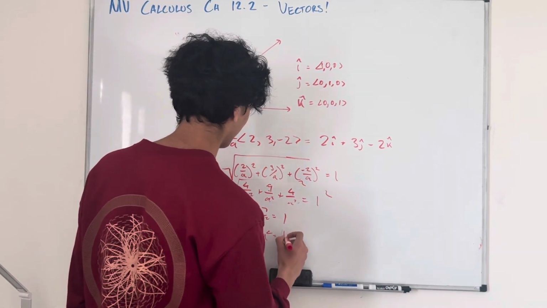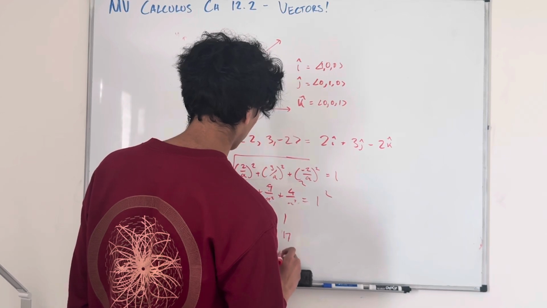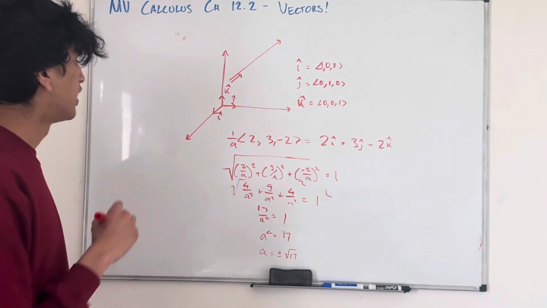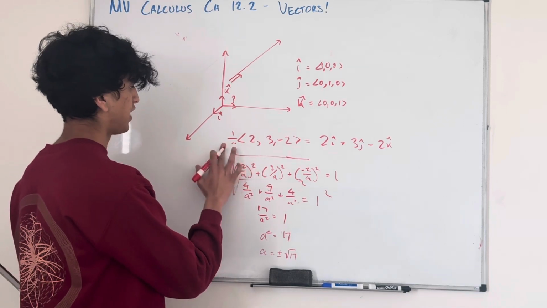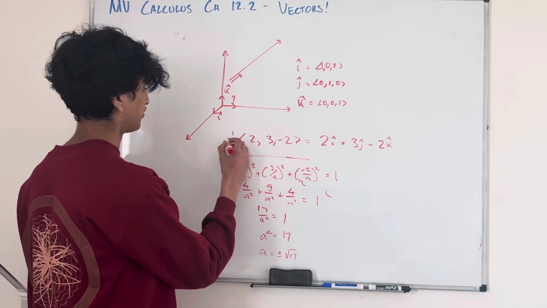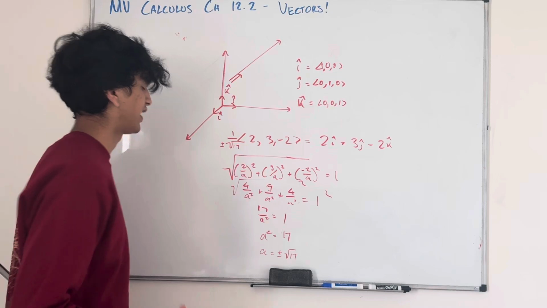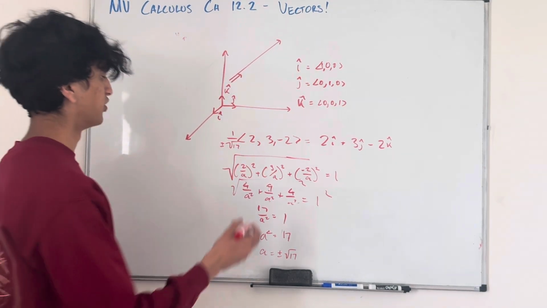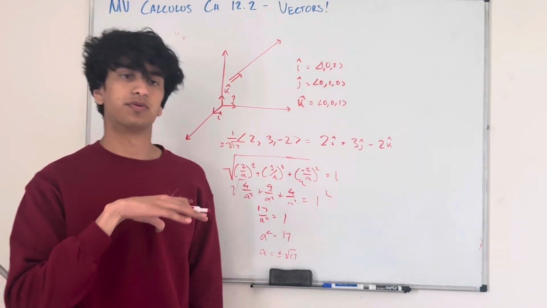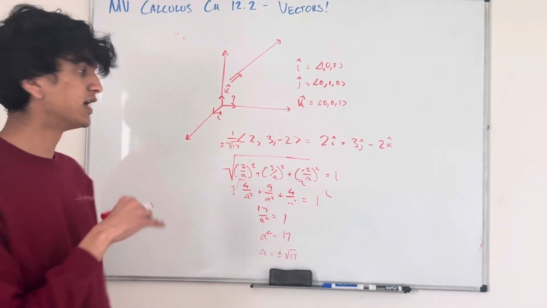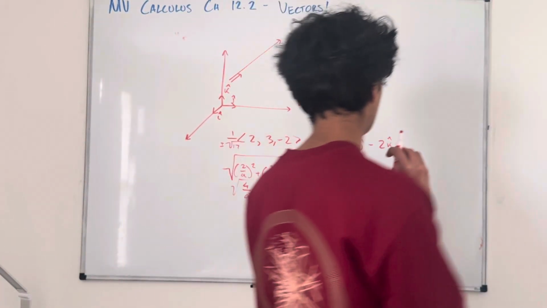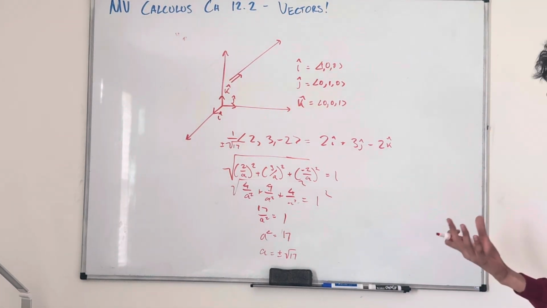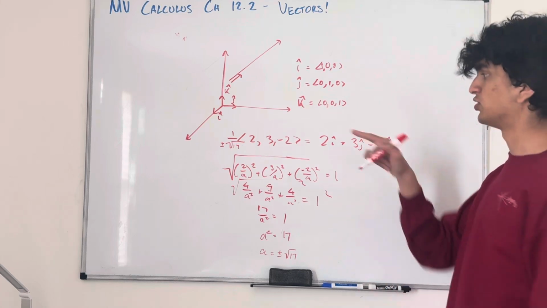So a is going to equal plus or minus root 17. So I can actually multiply this by 1 over plus or minus root 17, and I get a unit vector. So the components would be 2 over root 17, 3 over root 17, -2 over root 17. And that would give you a unit vector with the same direction as 2, 3, -2.